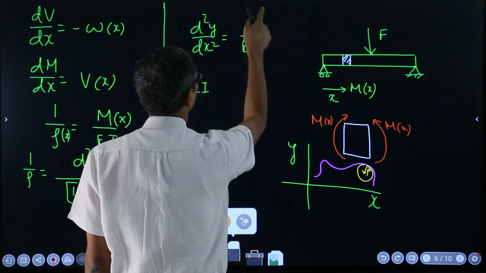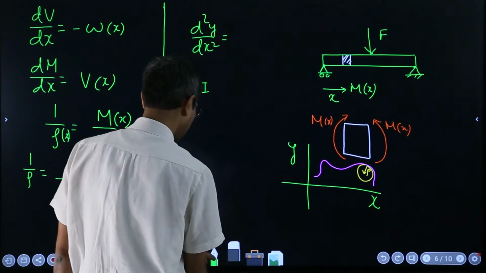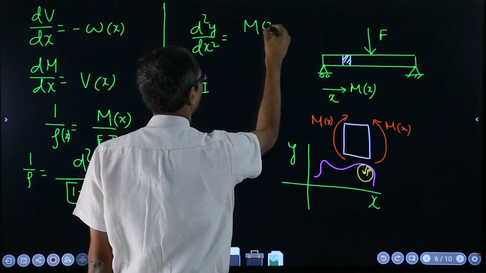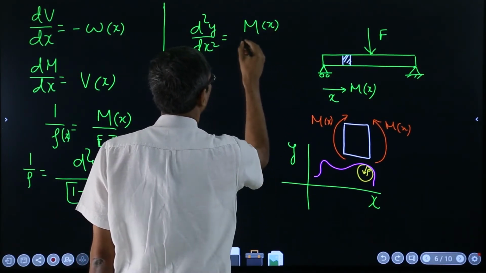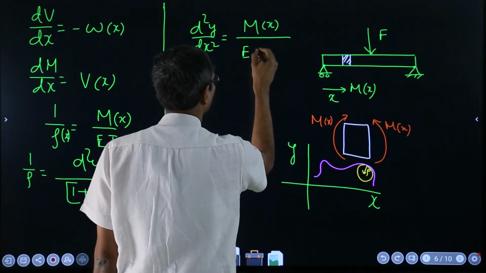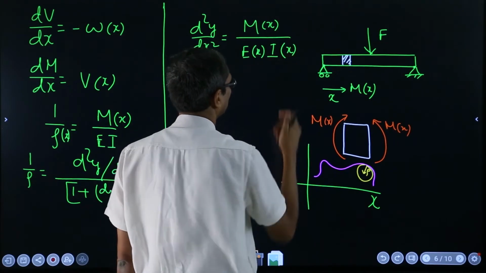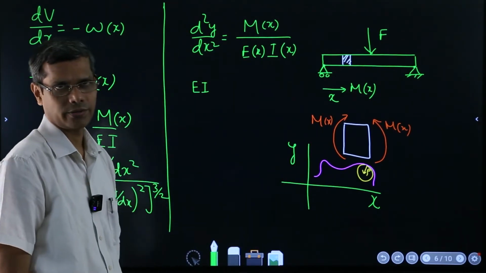M here is a function of x, and similarly E can be a function of x, and I can also be a function of x. That's the most general form.